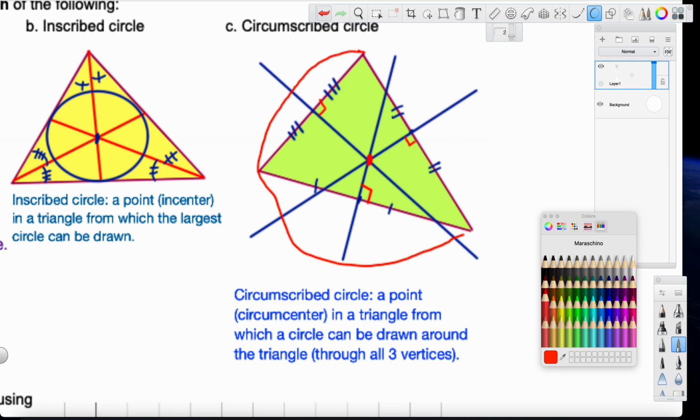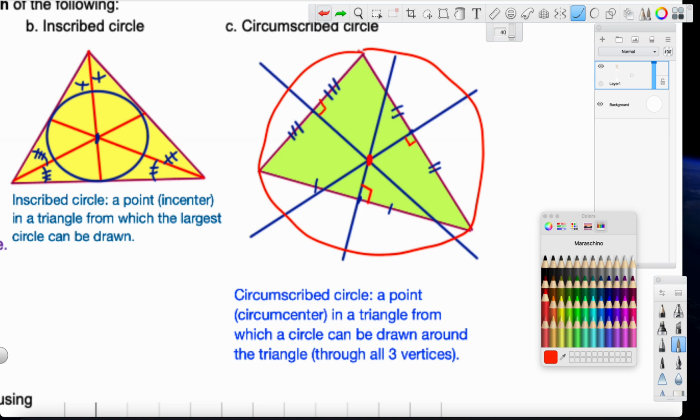Oh boy. Come on, fix it for me. Sometimes it smooths out my curves. Come on, smooth it out. Okay, there it is.